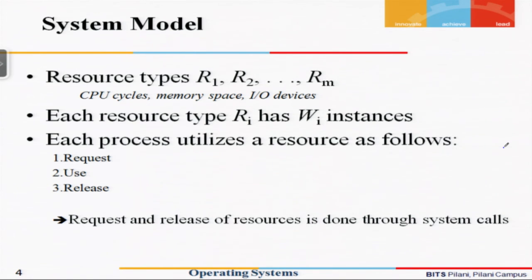And usually what happens is that request and release operations are carried out through a kind of software which we call system calls. So, whenever a program wishes to use a resource, it uses a system call. For example, open. Open is a system call which can be used for opening a file.